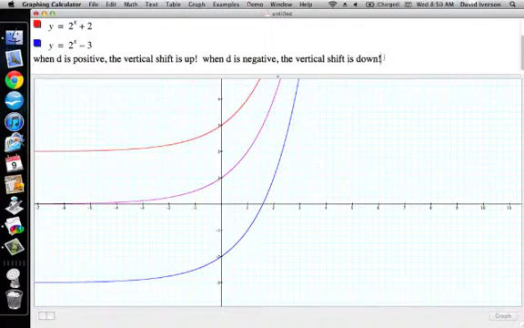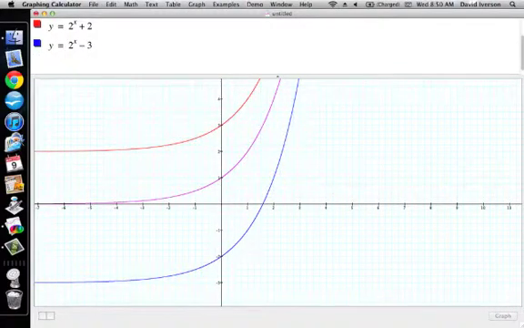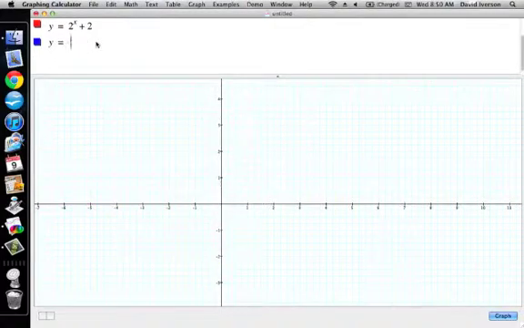And so then what are these good for? Let me just do one more to throw them all in there together.